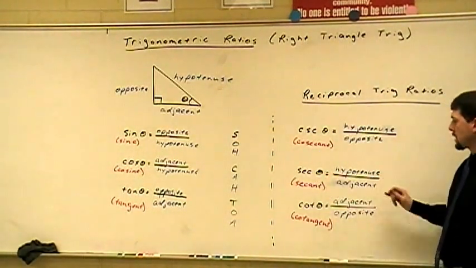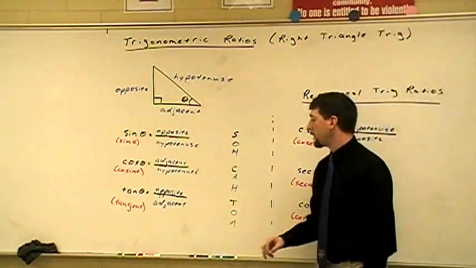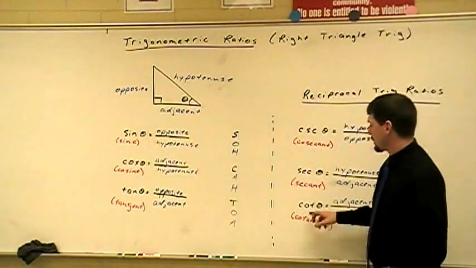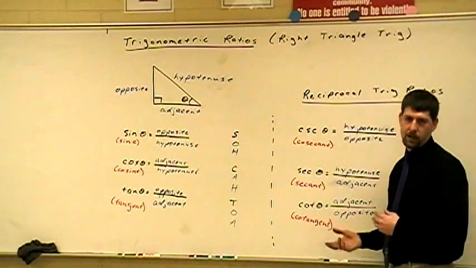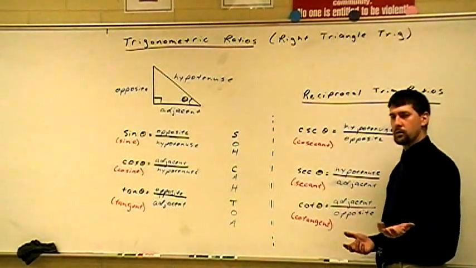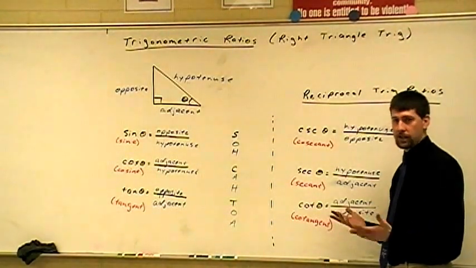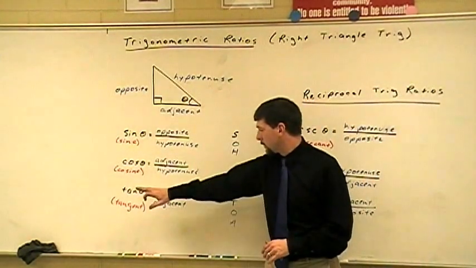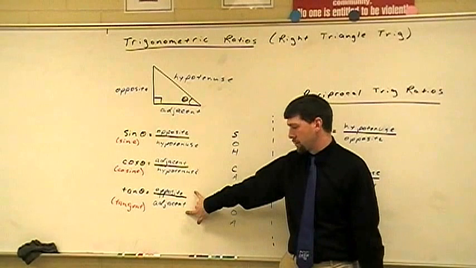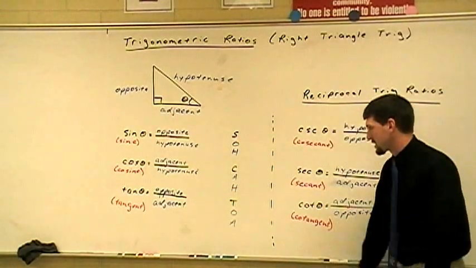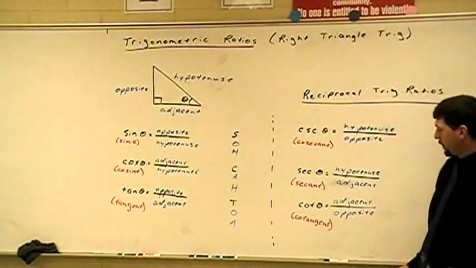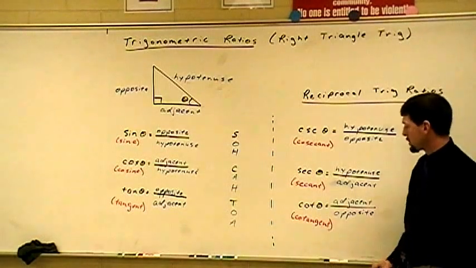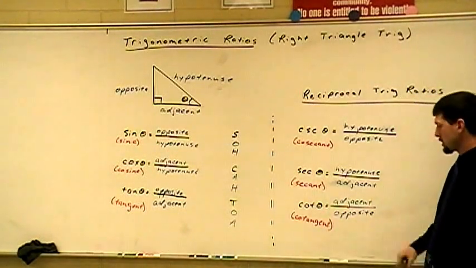Secant of theta is hypotenuse over adjacent. And then the reciprocal of tangent is cotangent. That's the one time that the reciprocal trig ratio and the cofunction identities actually match up. But again, we'll talk about cofunctions later. So tangent of theta was opposite over adjacent. So when I do reciprocal of opposite over adjacent, I get adjacent over opposite. So cotangent of theta is adjacent over opposite.